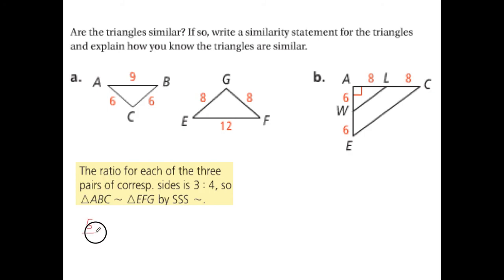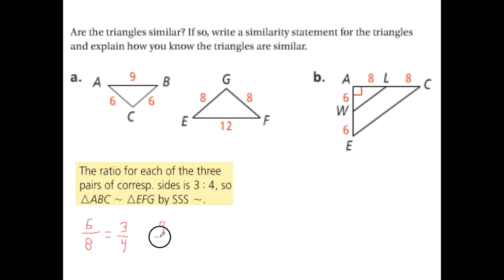6/8 reduced to 3/4 because they divided 2 out of both the top and bottom. This was also 6/8, so another 3/4. And then the 9/12. Again, you have to be consistent.